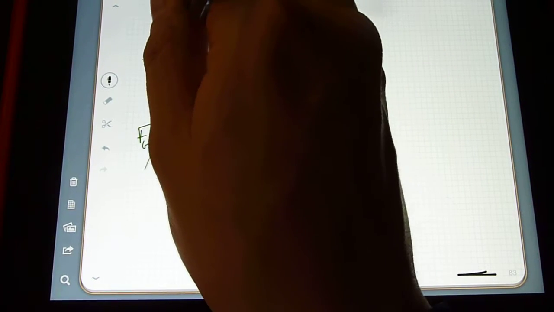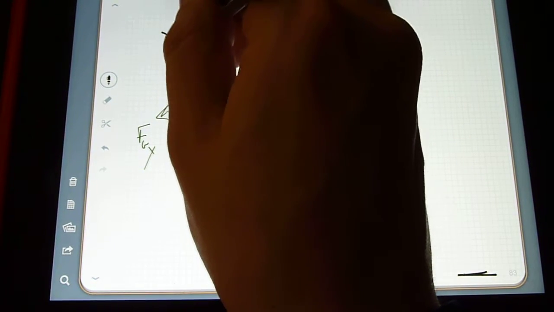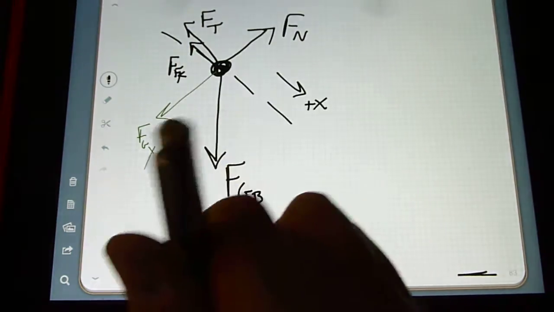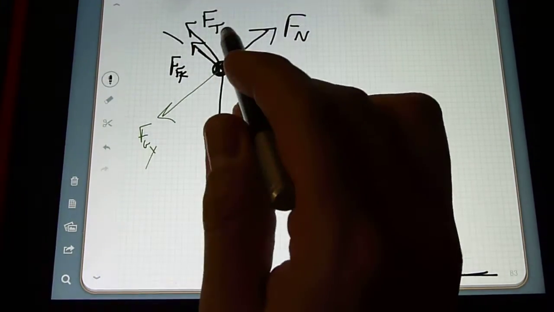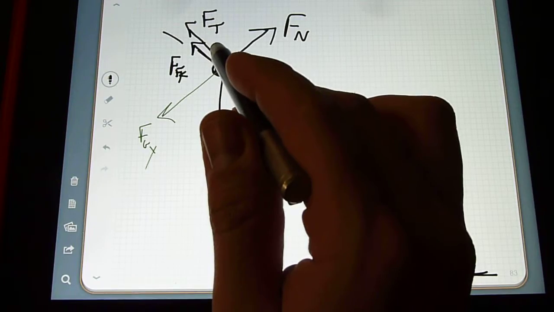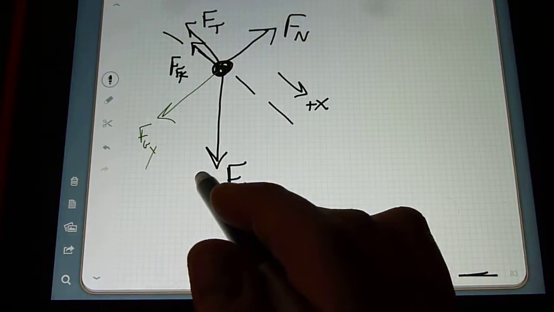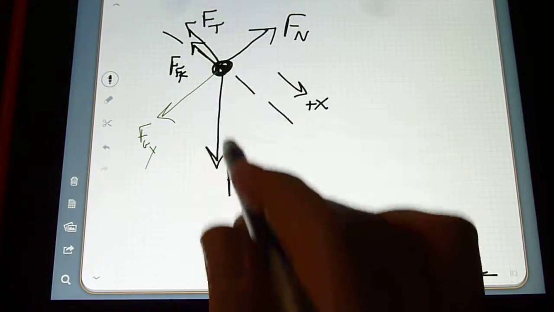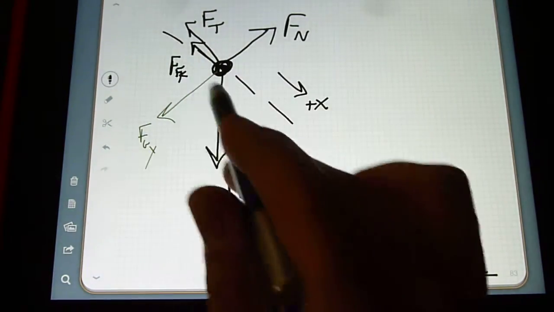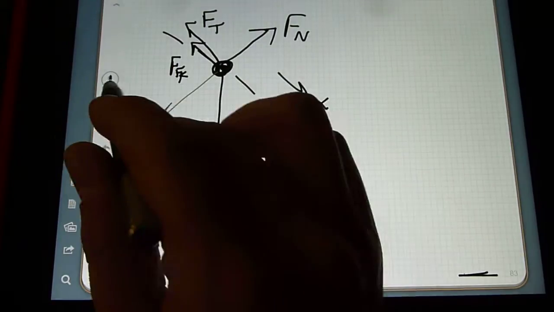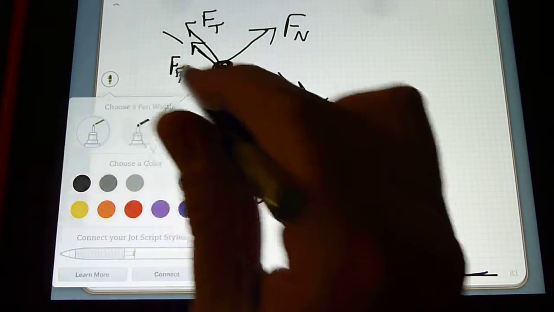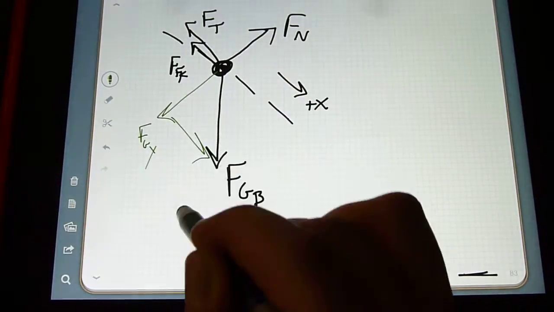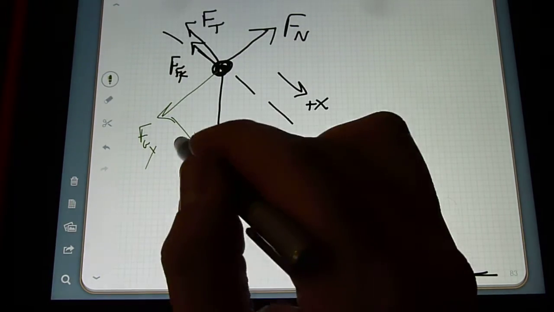My tension force is pulling back on me as well, F_T. Now, I've drawn these two forces bigger than they should be, so perhaps they should be drawn smaller, but we get the idea that two forces are holding me back. Only the x component of the weight here is pulling me forward.